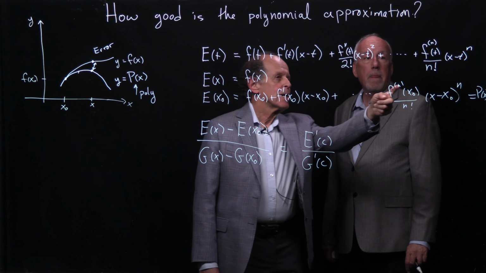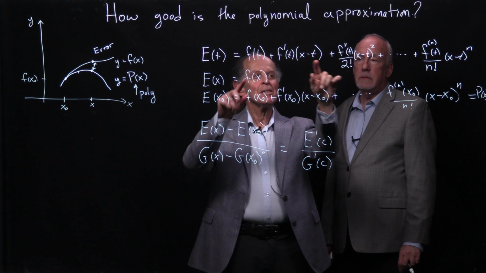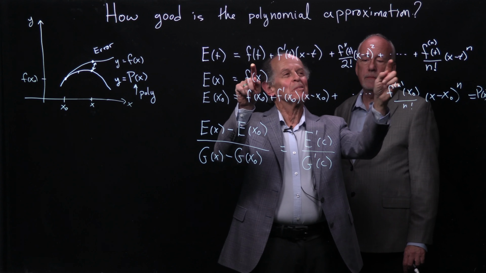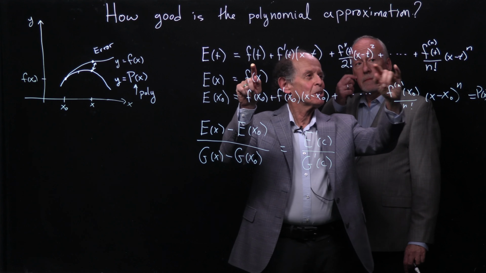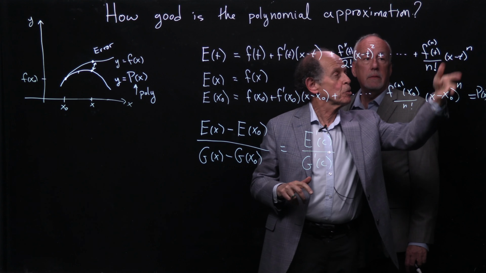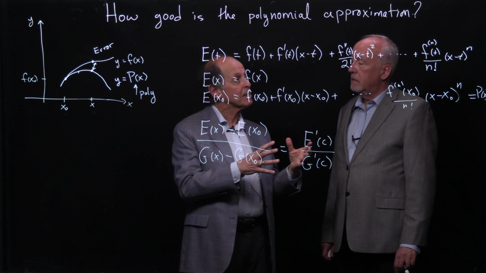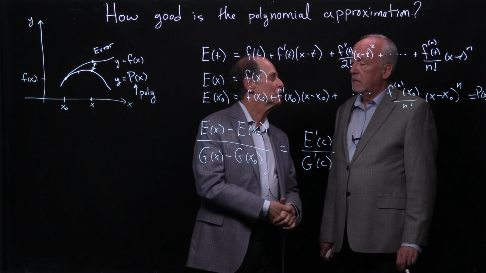Well, we're saying that the function is smooth. So we got linear, quadratic, then how the quadratic changes, and we end up with the nth term. So what we're saying is we're stopping the polynomial at n. So we're neglecting the next higher order.